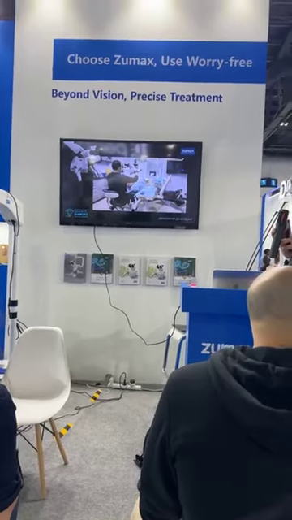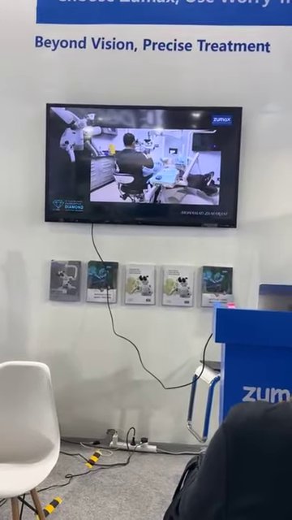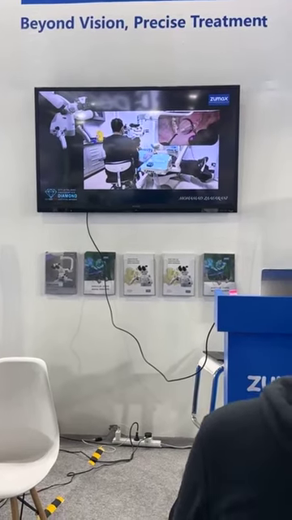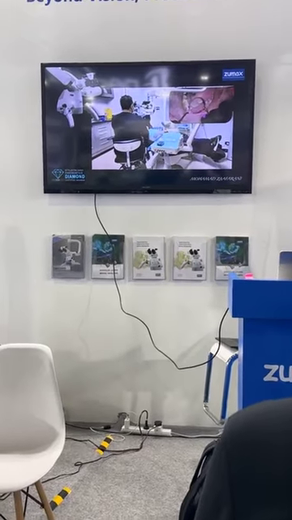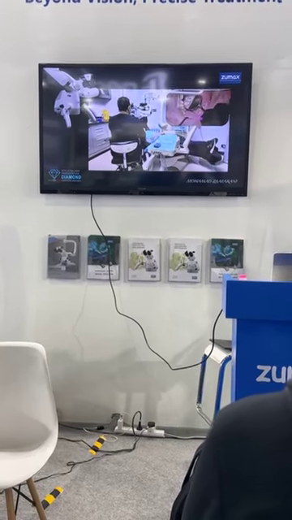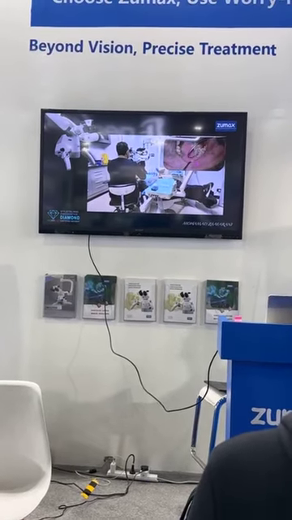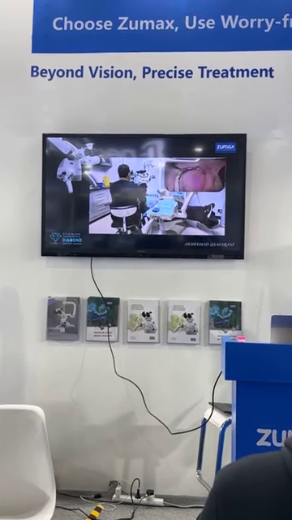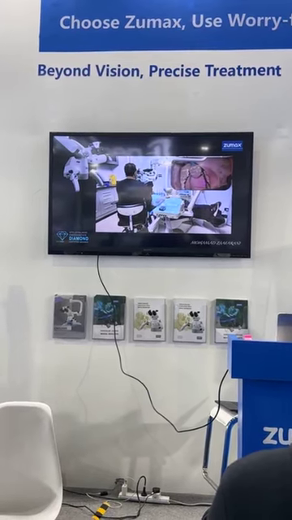Here I'm in the 10 position. This position is only for clinical inspection and identification.